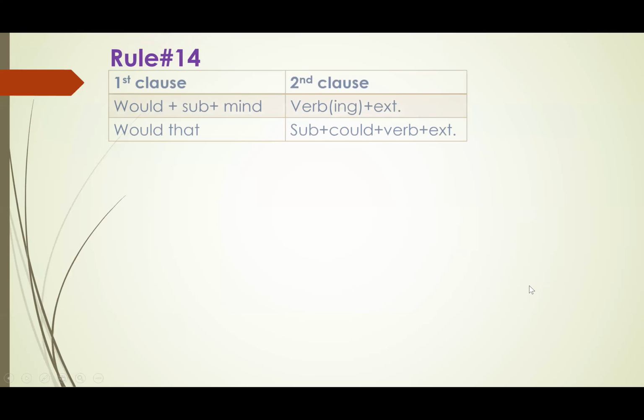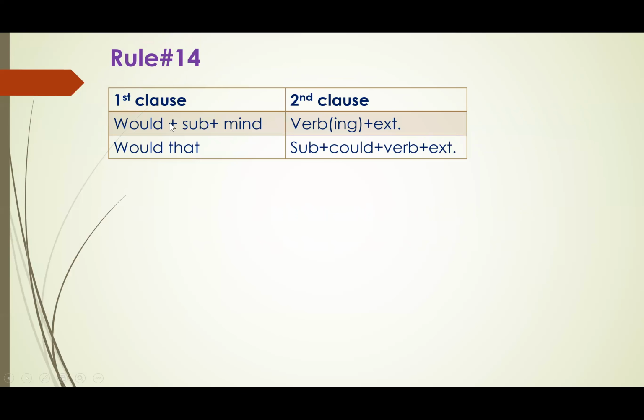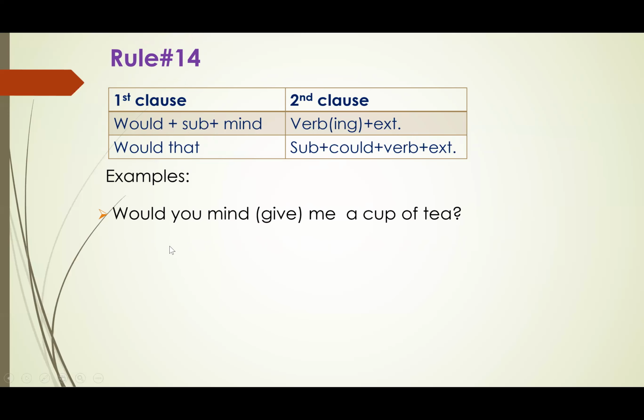Rule number 14 is: in the first clause, you will find would plus subject plus mind, and in the second clause, you will get verb plus ing plus extension. Or in the first clause, you will get "would that", then the second clause, you will find subject plus would, could plus verb plus extension. You see, would you mind?